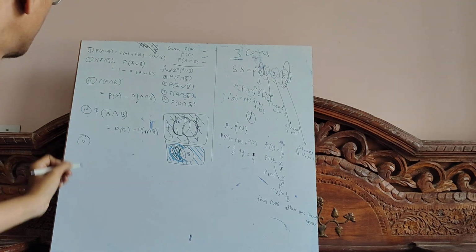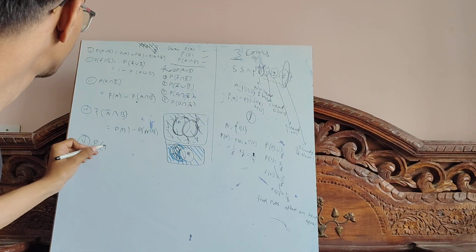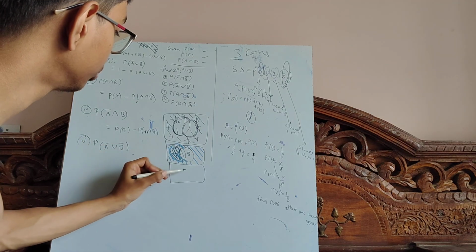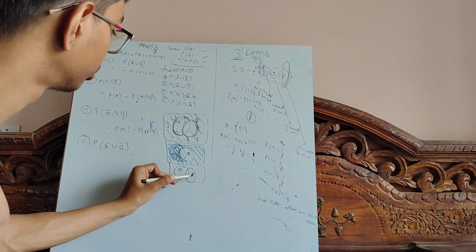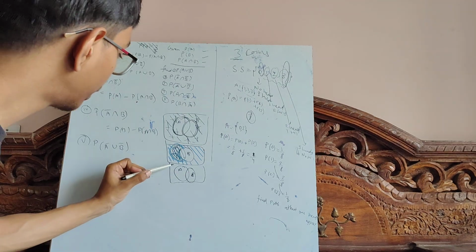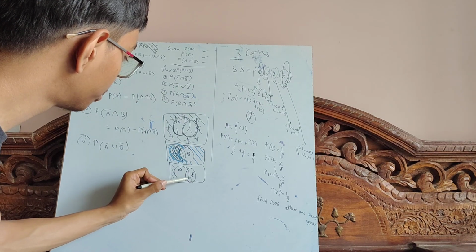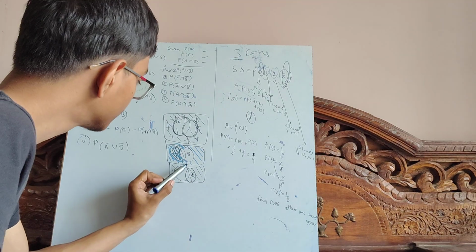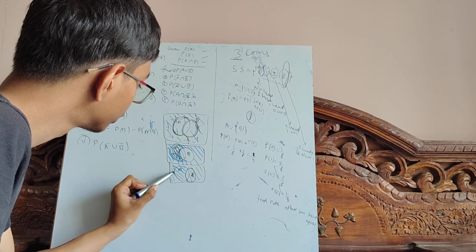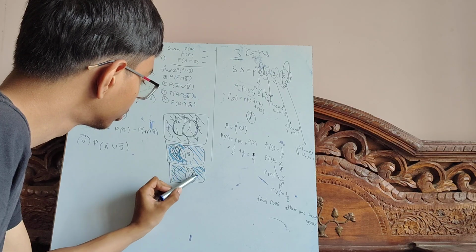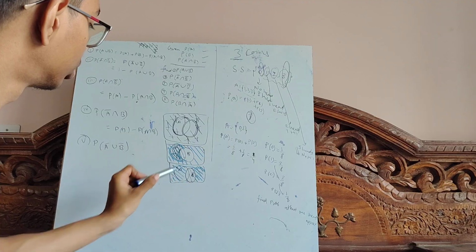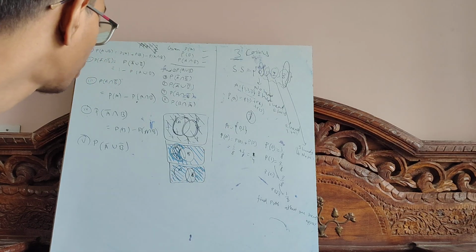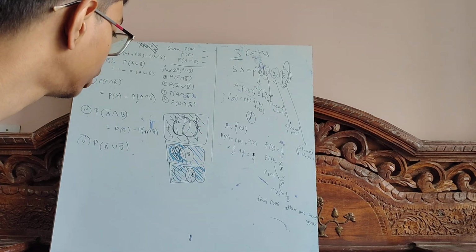Now next is probability of A complement union B complement. Now A complement means this one, this complete, right? B complement means this one, this complete. So what is the union? A complement and B complement, what is the union?